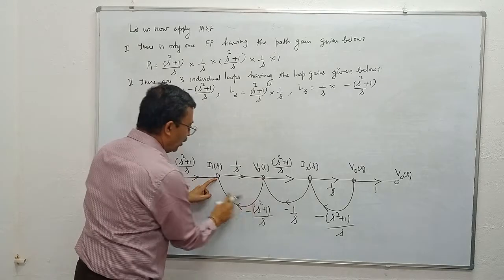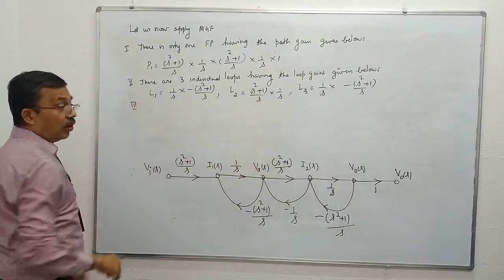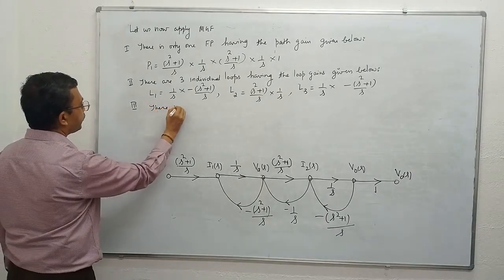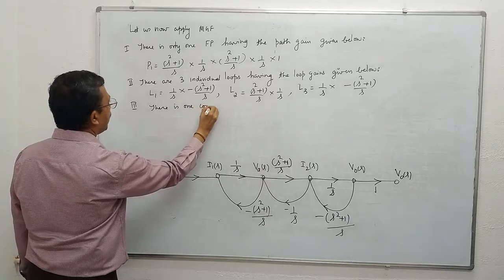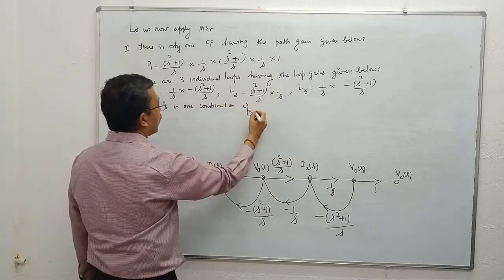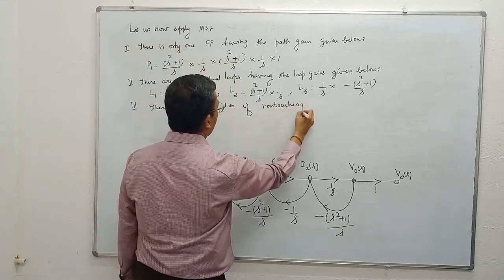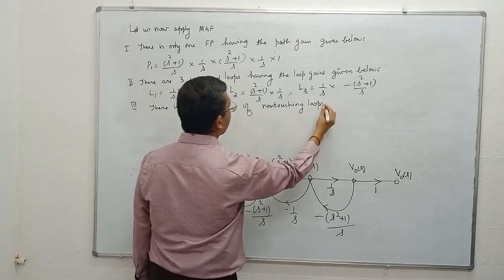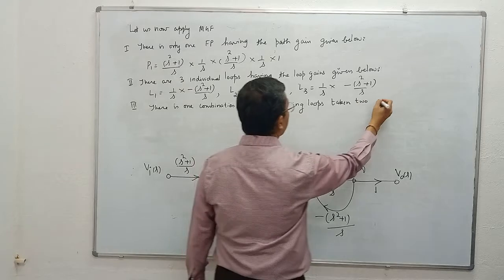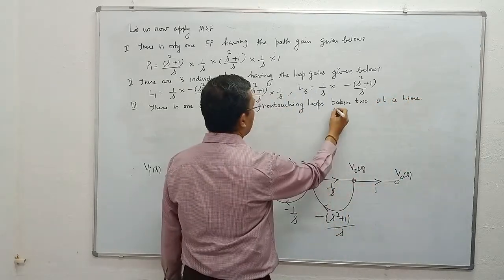Loop number 1 and loop number 3 do not touch each other. That forms one combination of non-touching loops taken two at a time. What is the combination?